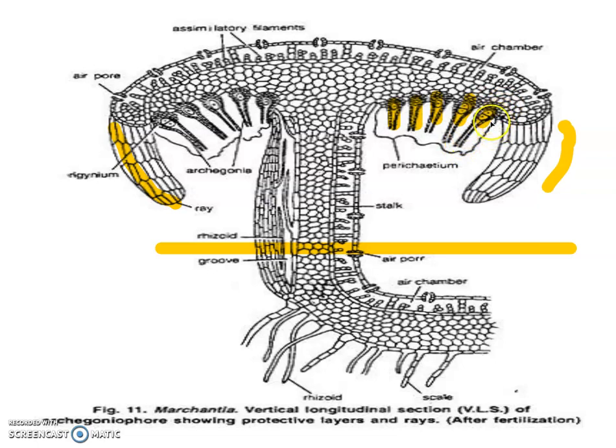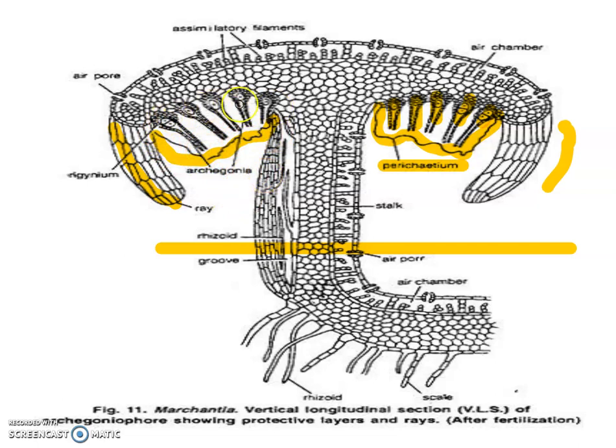All these 5 archegonia are covered by a curtain-like structure called the perichaetium. This is a curtain-like structure, and in that curtain-like structure there is an archegonium.